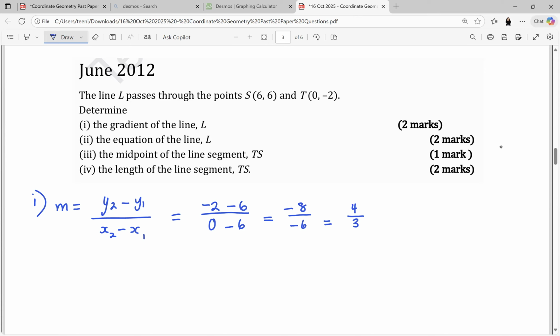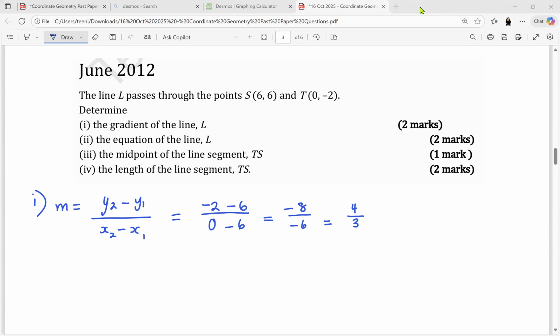How did you get 2? What did you have as the y2 minus y1? I put x1 6, x2 6, y1 0, y2 2.